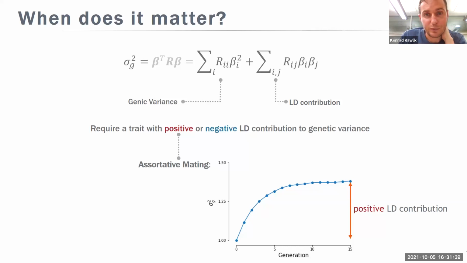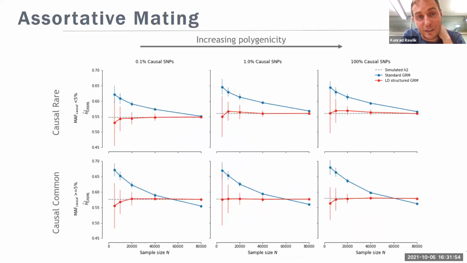To confirm our theoretical ponderings, we can simulate populations under assortative mating, which is what I did, with different genetic architectures for the trait under assortment.